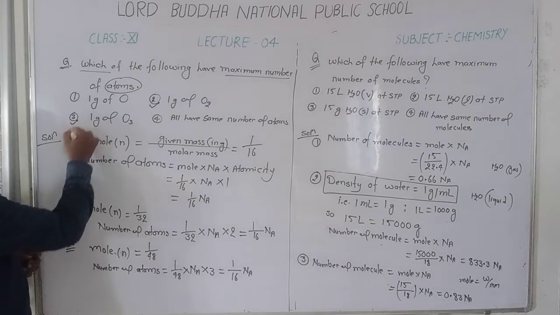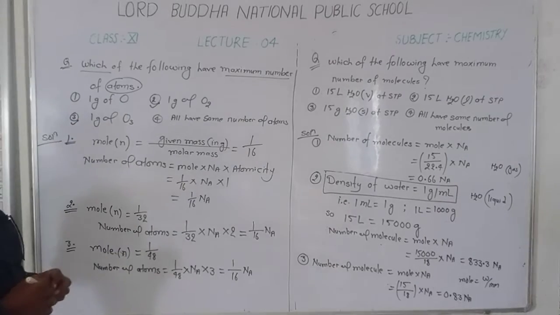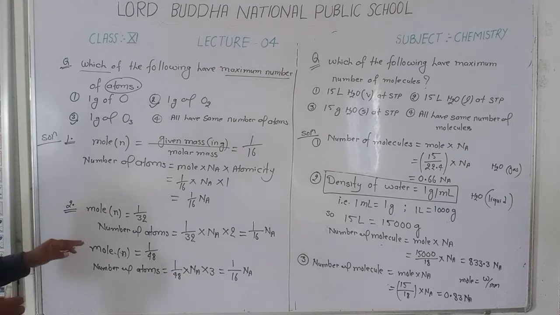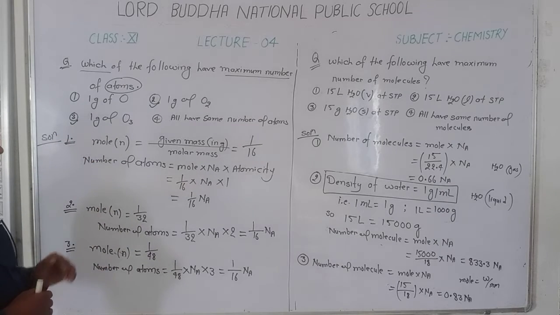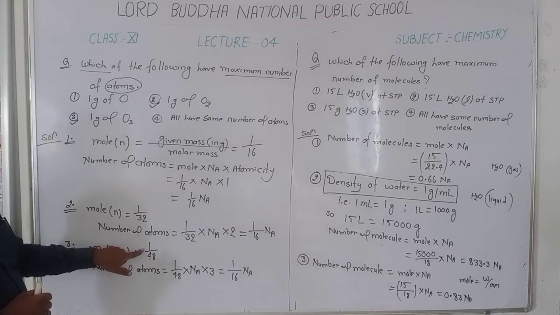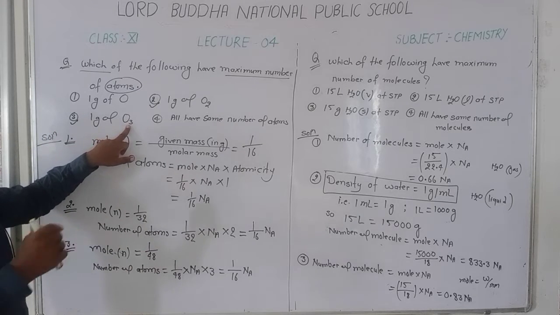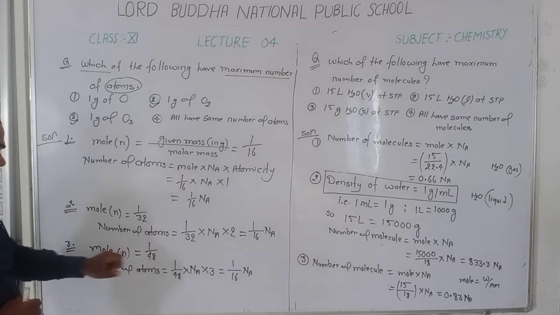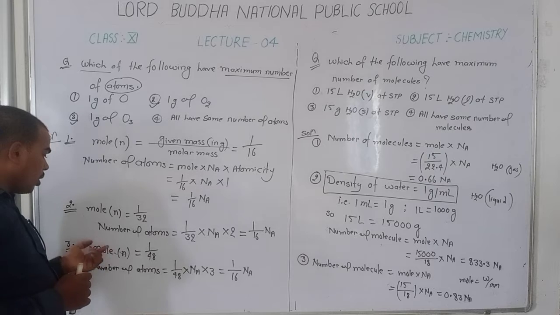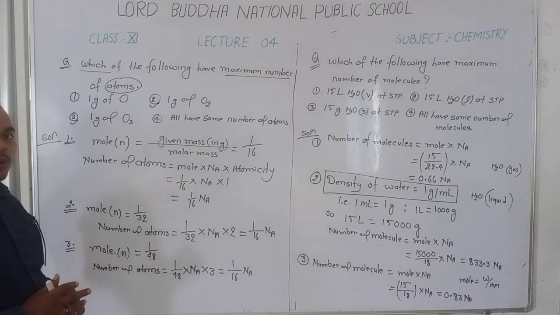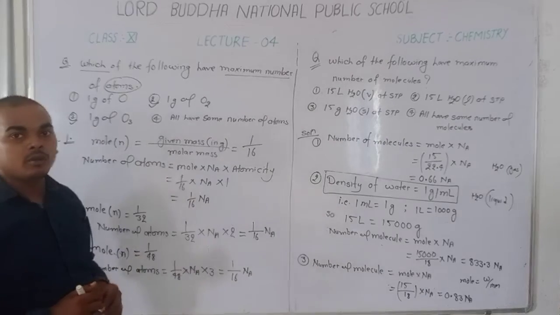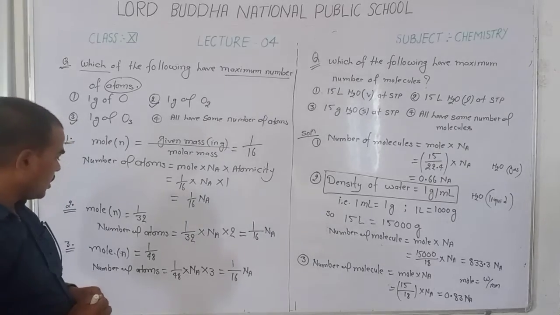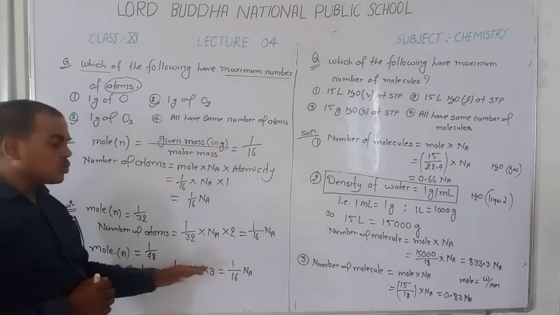In the third option, 1 gram of O3. For calculating the mole of O3, given mass of O3 upon molar mass of O3. The given mass is 1, and the molar mass of O3 is 16 times 3, that is 48. Finally, the mole of O3 is 1 by 48. For the number of atoms in 1 gram of O3, mole into Na into atomicity.